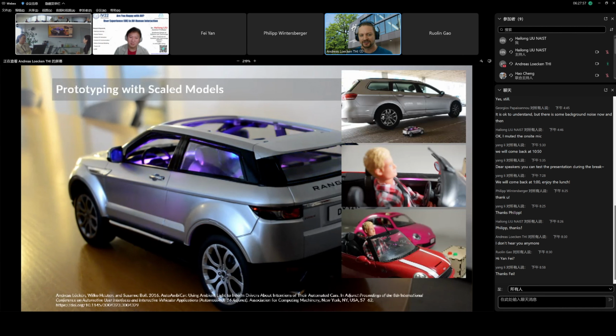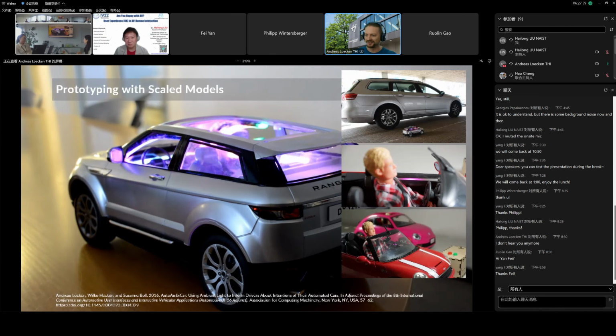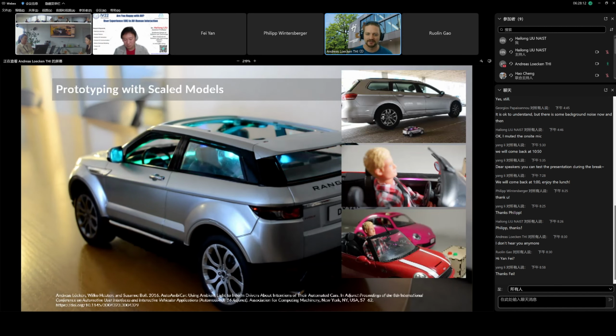This car actually had a sensor also, so when you move it towards a hand or some other obstacle, you can adapt the display to that, so you can very quickly show off your light patterns. And we saw that it works much better than just showing videos or simulations in our workshops.